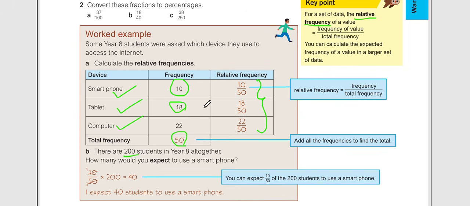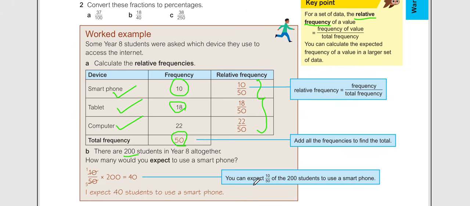So using the given data for a smaller set, we are going to find the expected results for a bigger set. So then how do you do it? For a smartphone, what is the relative frequency? 10 upon 50 multiplied by the number of students you need to find now, 200. So that equals 40.